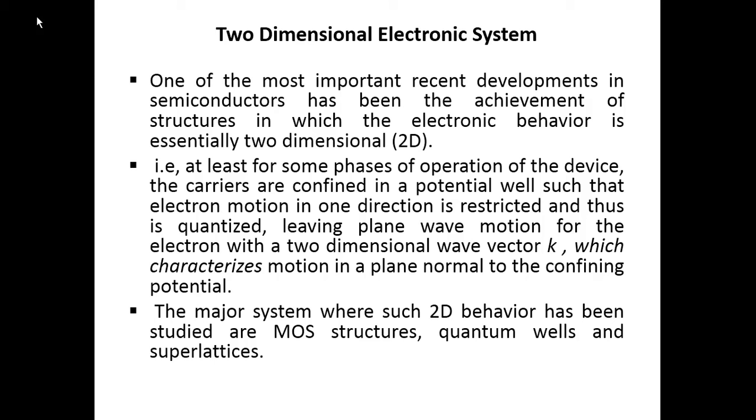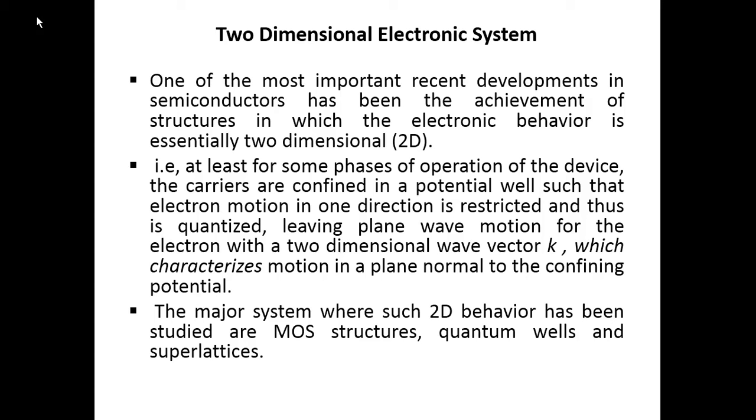In bulk materials, of course, it is a three-dimensional system where we have the electron motion as plane wave motion. But when we consider two-dimensional systems, the electron wave motion is quantized in at least one direction, where the movement of the electron is restricted.